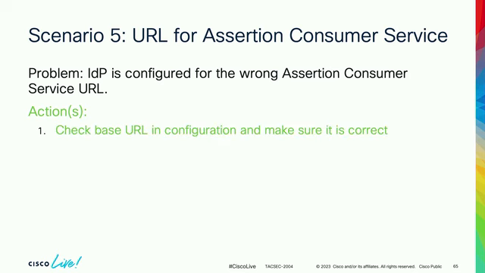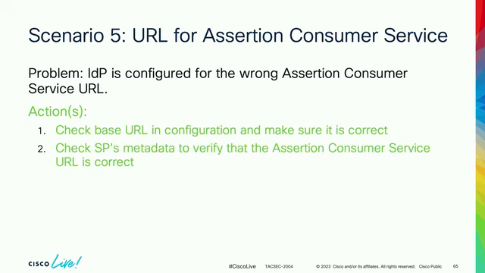The first one, ensure that there is no typo on the base URL configuration on the service provider. Secondly, we can verify the service provider metadata and ensure that this assertion consumer service URL is correct. And the third one is to ensure that the IDP has the correct assertion consumer service configured.